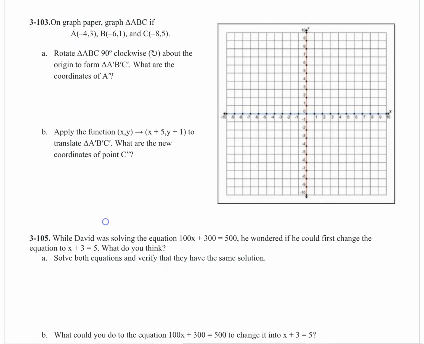3-103. On graph paper, graph triangle ABC if A has coordinates negative 4, 3, B has coordinates negative 6, 1, and C has coordinates negative 8, 5.